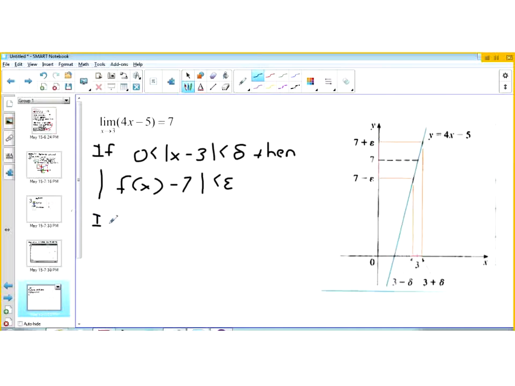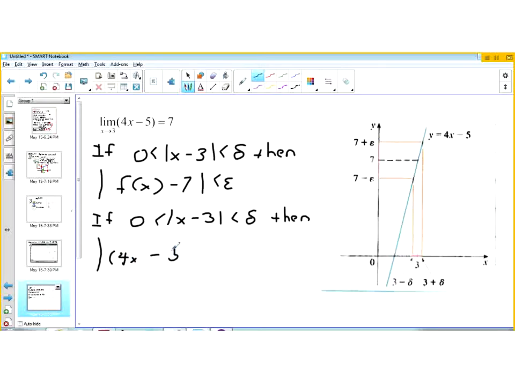Again, we'll plug in the value for f of x. If we're no more than a delta distance from 3, then we're no more than an epsilon distance from f of x.